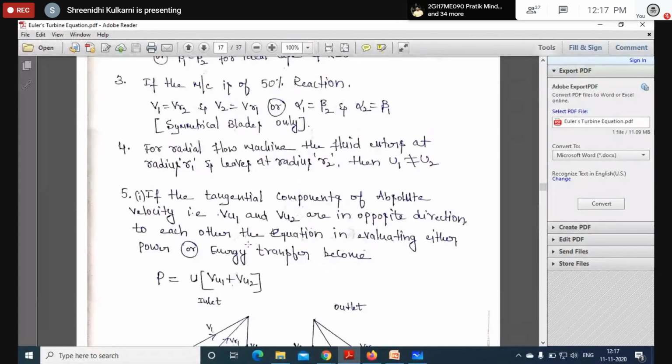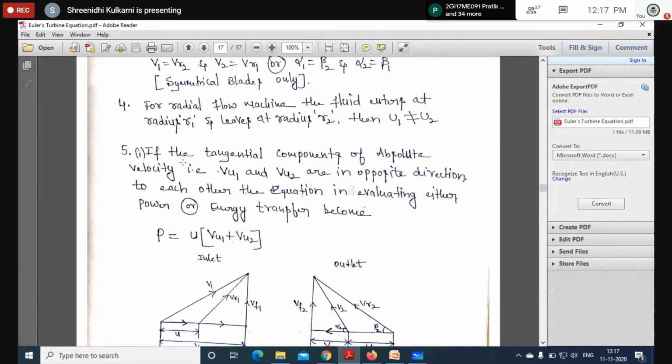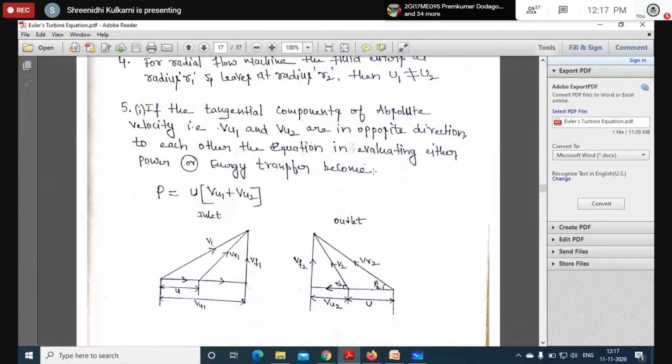Next, coming to the tangential component of absolute velocity, so what is the tangential component? VU1. While writing the velocity triangle, I had not discussed these directions, but right now I am discussing the direction.